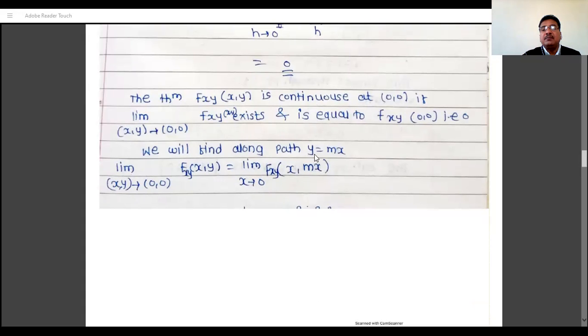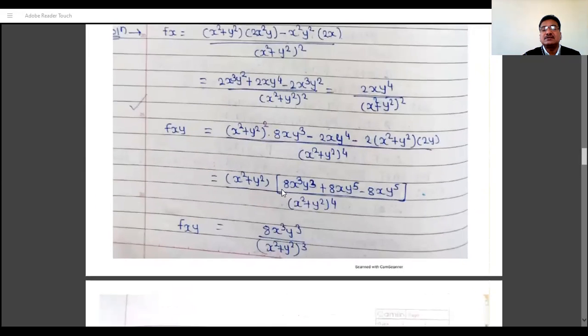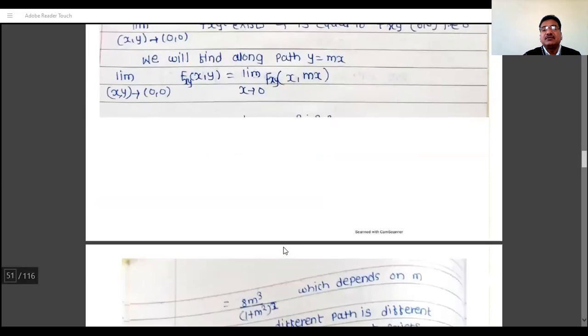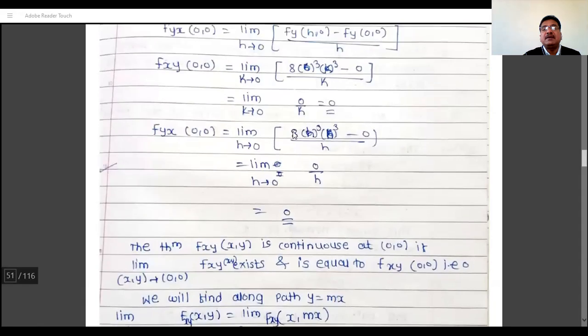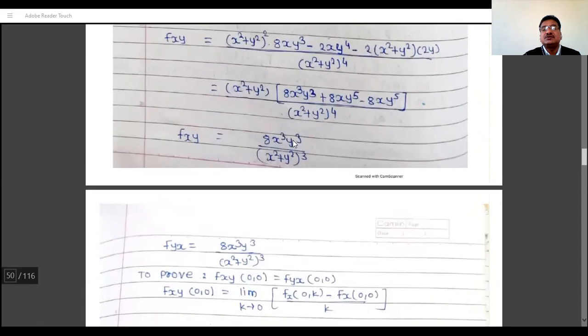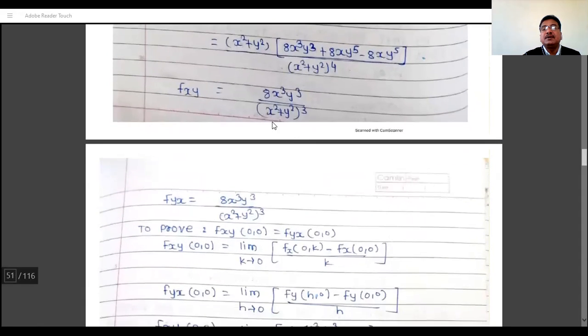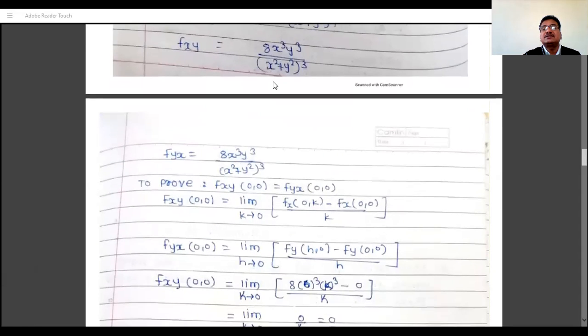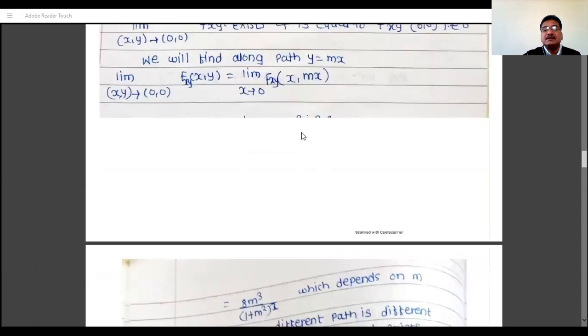Okay, so find the limit of fxy(x,y) as (x,y) tends to (0,0). So the limit along the path y equal to mx, that is fxy(x,mx), and fxy is this. So substitute y as mx. What do we have? We have 8x cube m cube x cube divided by (x square plus m square x square) cube, and then the numerator is x raised to 6.